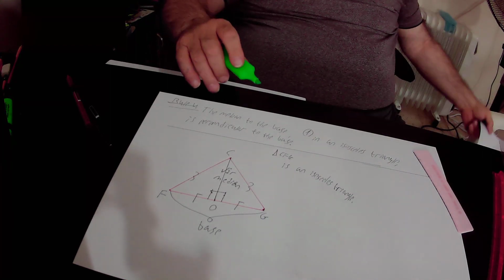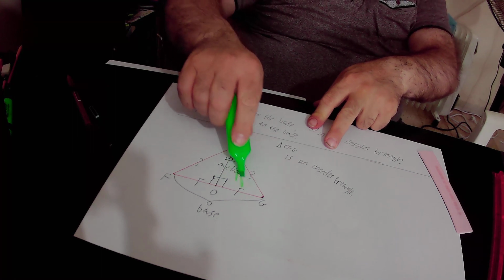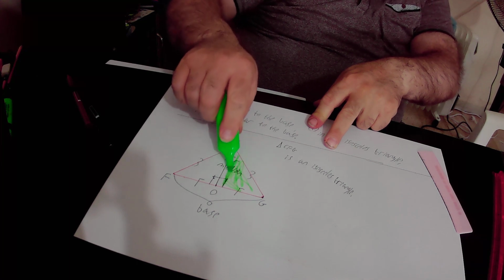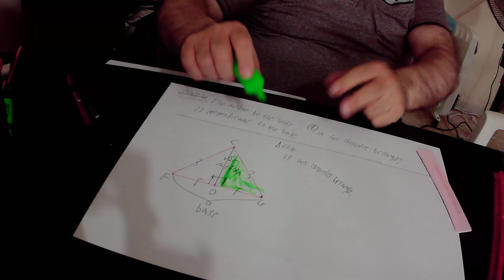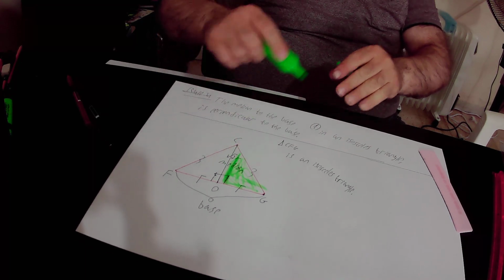Here we will implement the Pythagoras theorem on this right triangle, triangle COG. So I will copy the right triangle COG in a new page and we will implement the Pythagoras theorem on it.